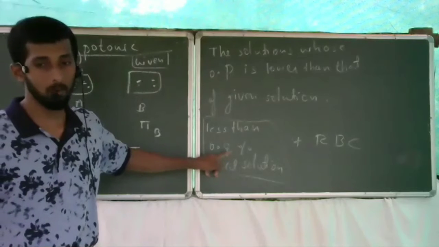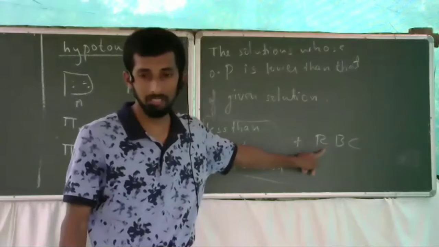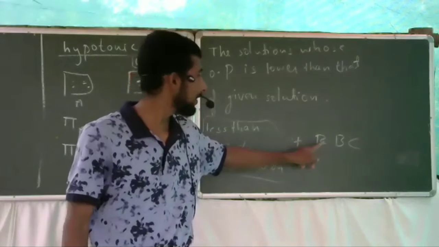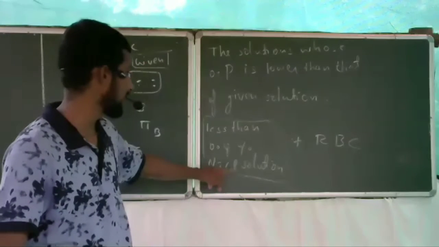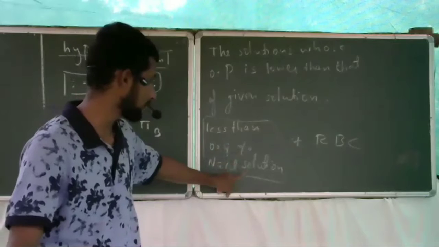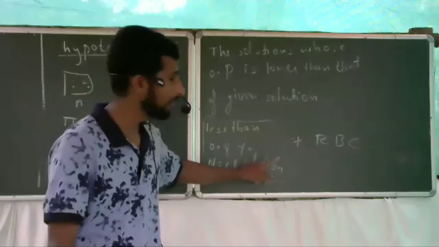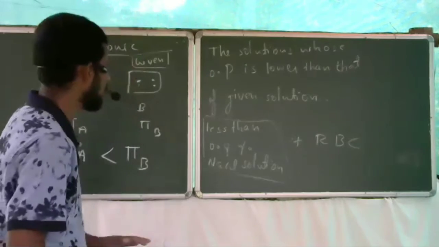In this case, the osmotic pressure of RBC, that is the fluid inside the RBC, is more than that of the less than 0.9% NaCl solution, which has lower osmotic pressure than the given solution.